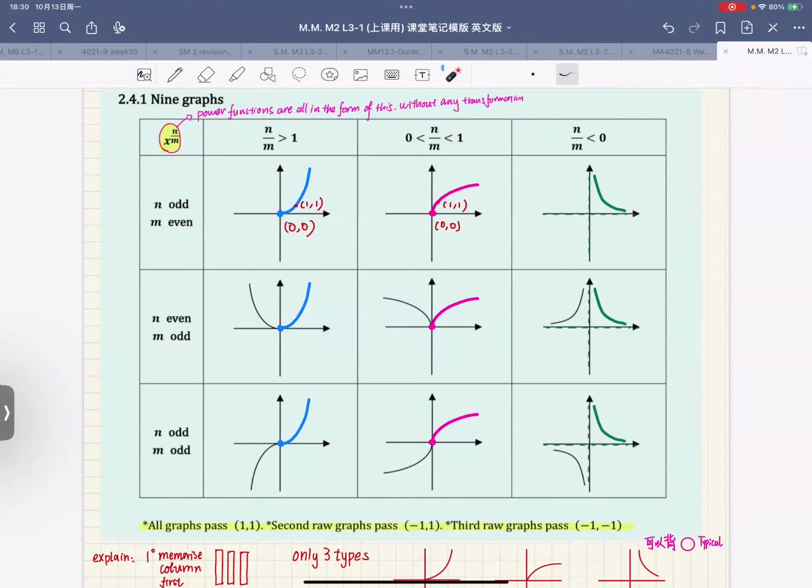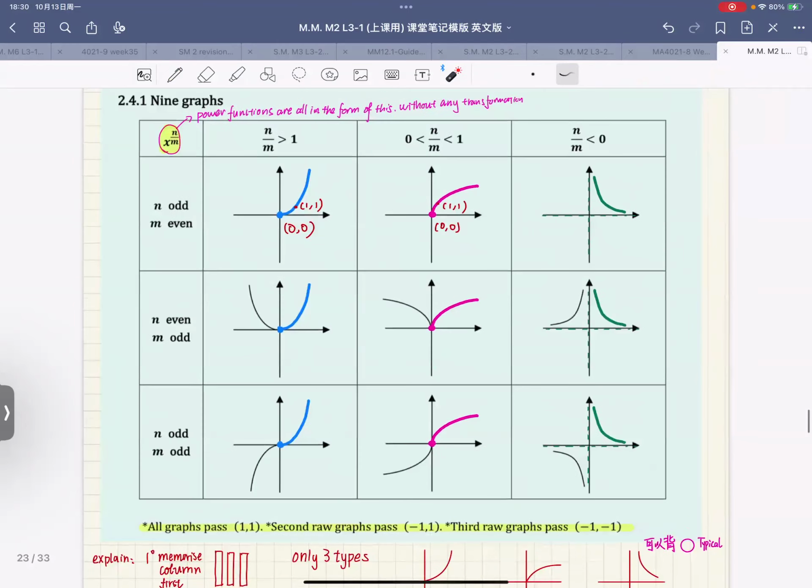If n is an odd number, m is an even number, n over m is less than 0, you will have a graph like this. Same here. If n is an even number, m is an odd number, n over m is more than 1, you will have a graph like this.